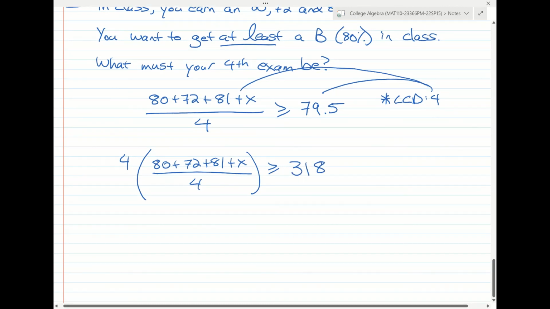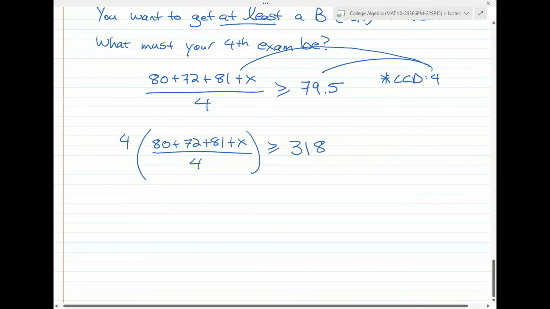On the left-hand side, if you multiply by 4 and divide by 4, they cancel out. And we wind up with 80 plus 72 plus 81 is 233. If we try to get that X by itself, we get X is greater than or equal to an 85.